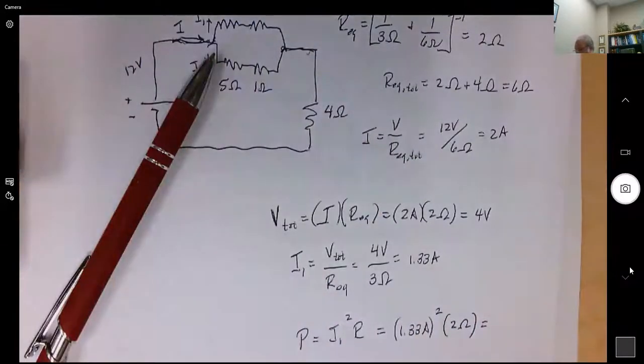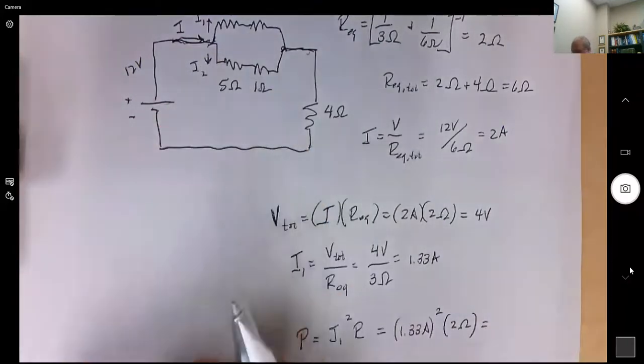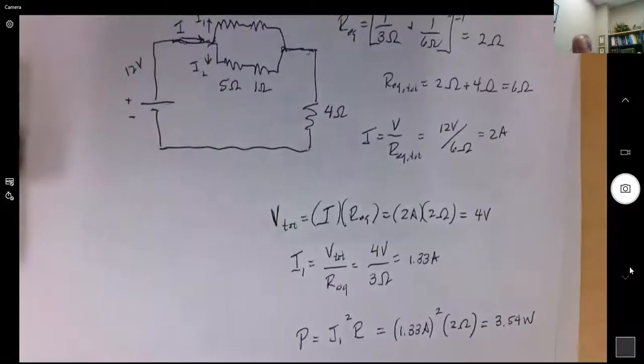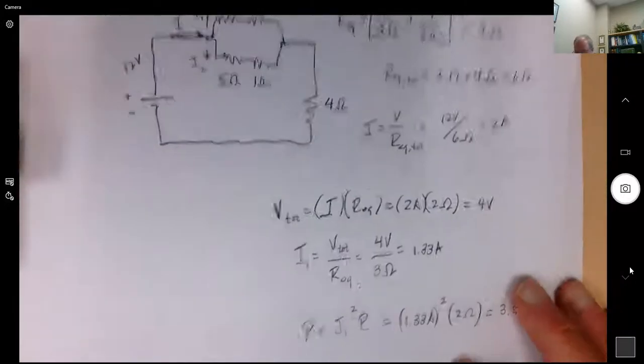Take that, and I get 3.54 watts dissipated in that resistor. Okay, so that's problem number 5.